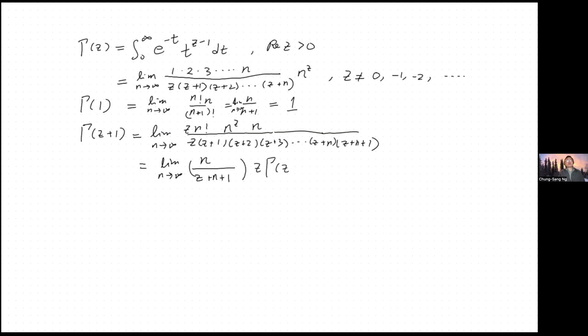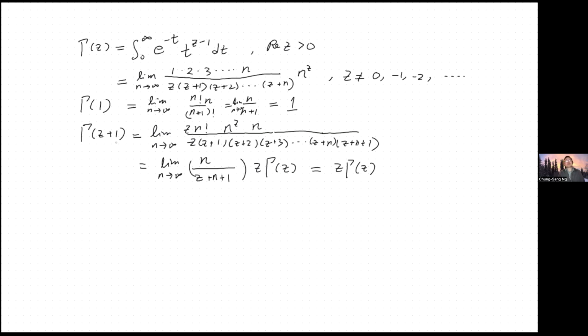In the limit of n going to infinity, for any finite z, n will always be greater than z, so this limit always goes to 1. So that is equal to z times gamma of z. Okay, so that's the recurrence formula for the gamma function: once you have gamma of z, you can get z plus 1, then z plus 2 and z plus 3.